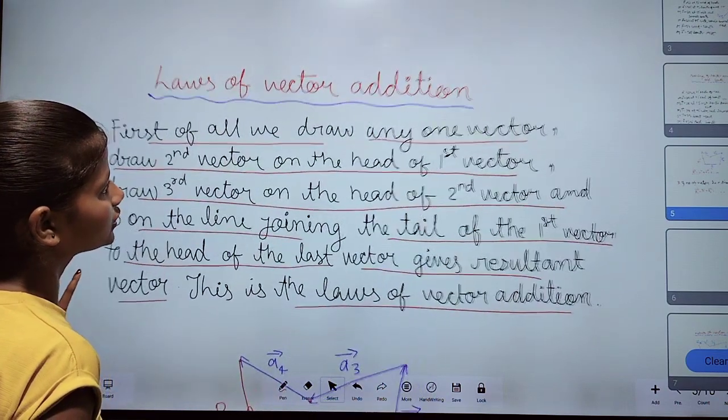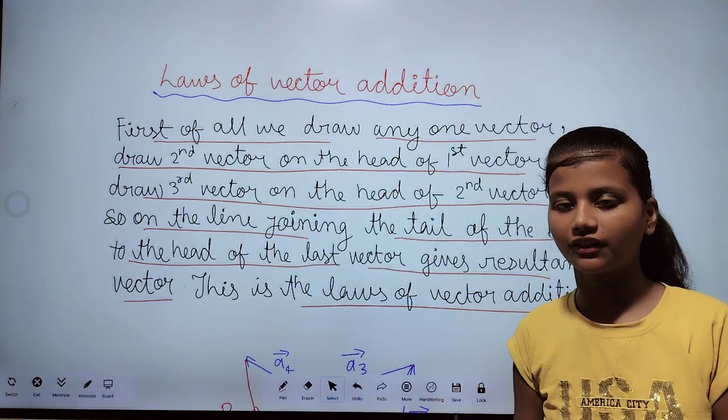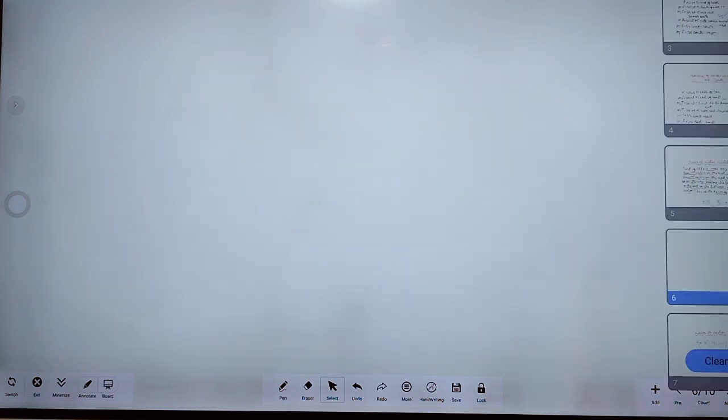What is the law of vector addition? First of all, we draw any one vector, draw the second vector on the head of the first vector, and draw the third vector on the head of the second vector. And for the resultant, we join the line from the tail of the first vector to the head of the last vector. Okay, it gives the resultant vector.